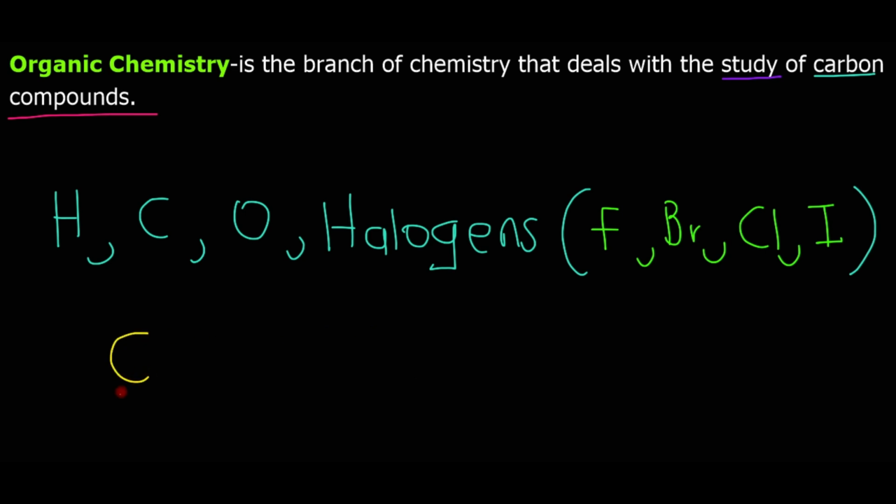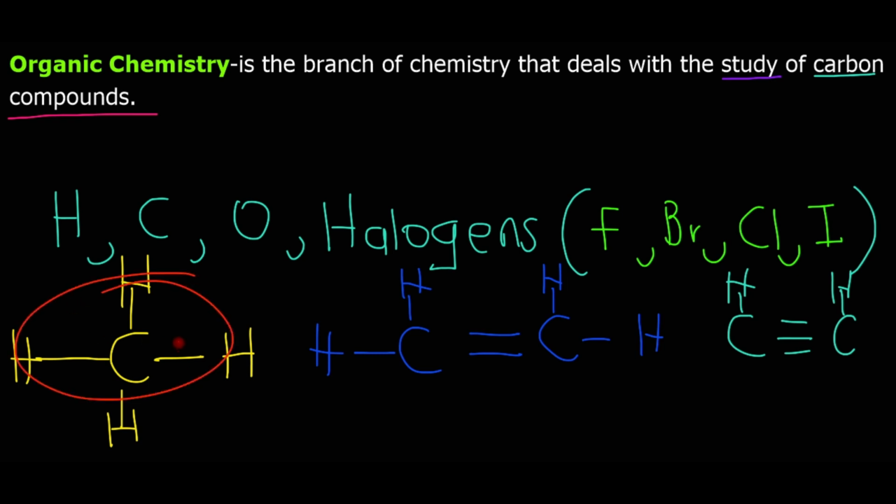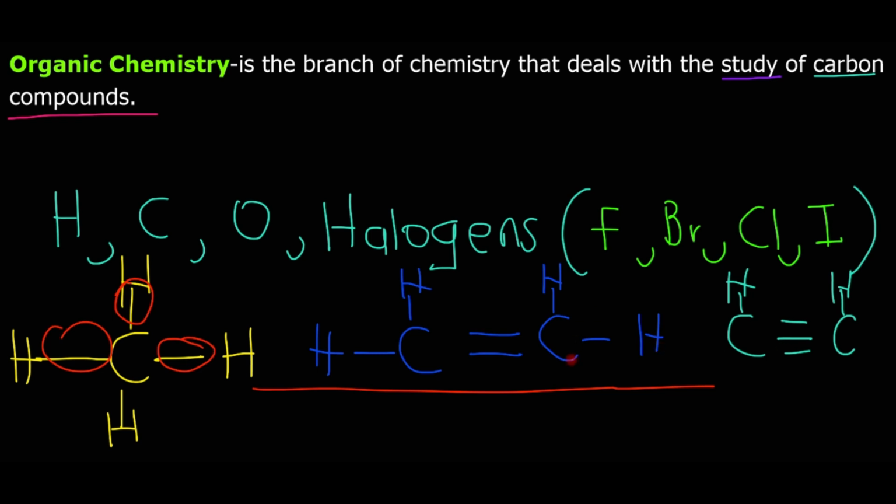For example, when you look at this compound, you can notice that we have only a single bond. And then when you look at this one, you can see that we have a maximum of 2 bonds, which is a double bond.